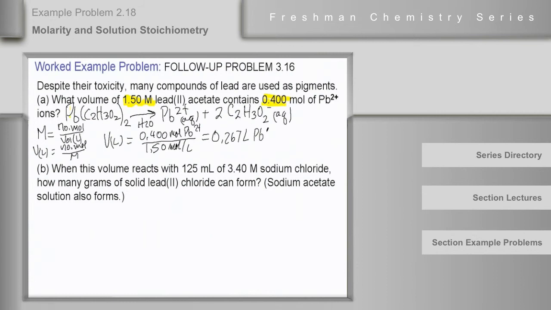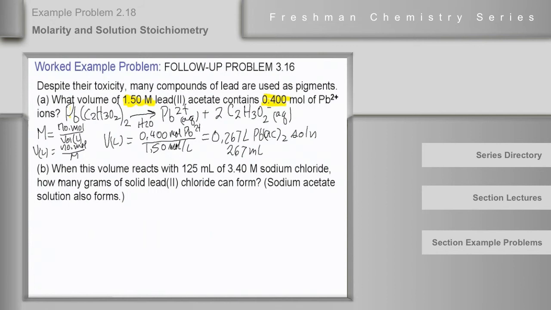I'm going to abbreviate acetate as AC here. We do that sometimes. Okay, so in order to get 0.4 of a mole, we have to take 267 milliliters of lead II acetate solution. That's 1.5 molar in concentration.